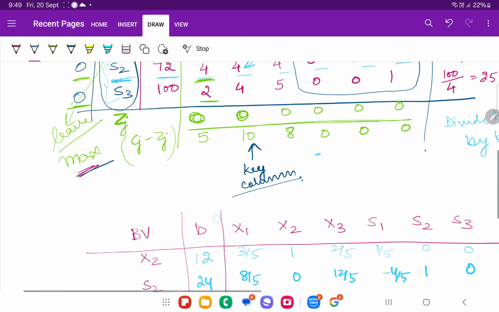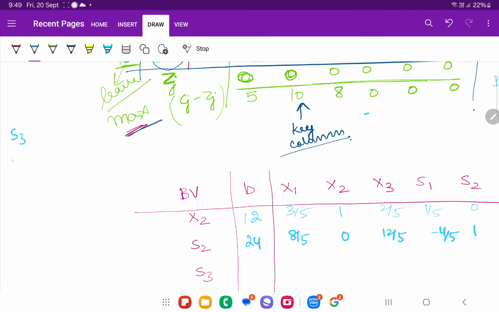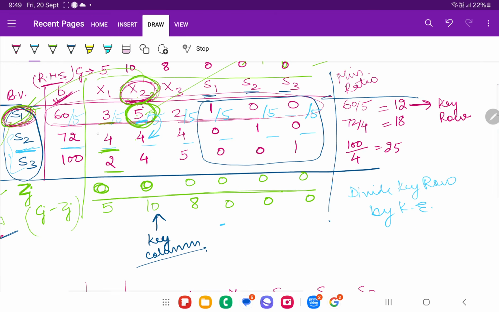Now similarly I will be calculating the new values of S3 also. For S3, same procedure. First of all write down the old values of S3, then put a minus sign, open a bracket, and now in S3 corresponding to the key element, what is the value? 4.